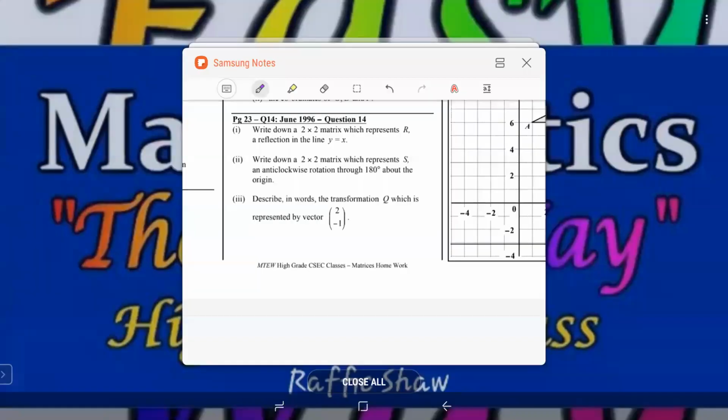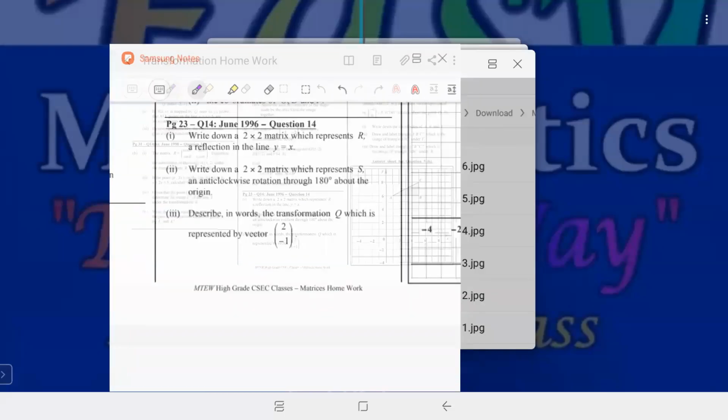More maths equals better maths every time.